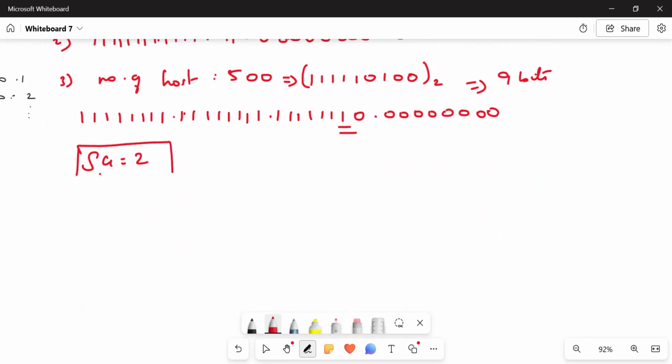So we need to divide the network into networks of size 2. Then what is the octet position? The octet position is where we get the subnet generator, and that is happening here in the third octet: 1, 2, 3. So the octet position is 3.